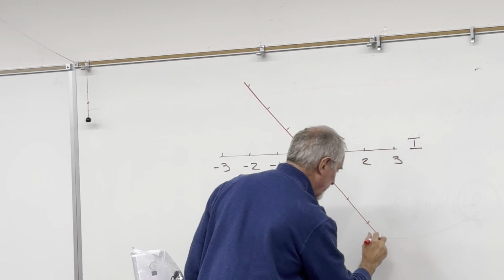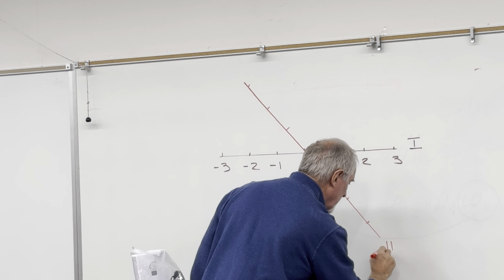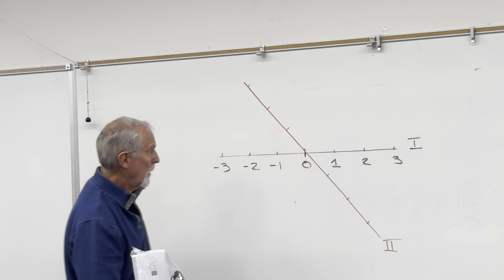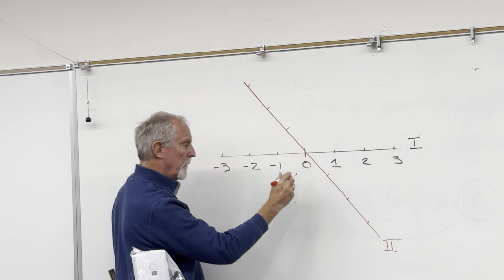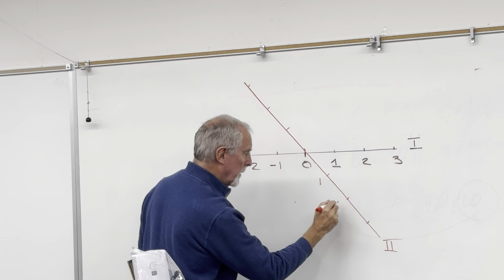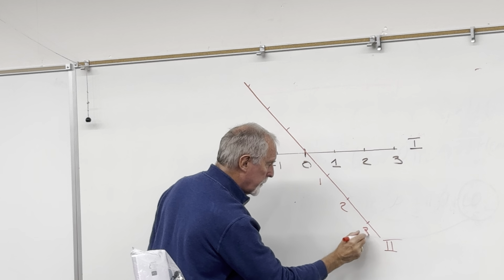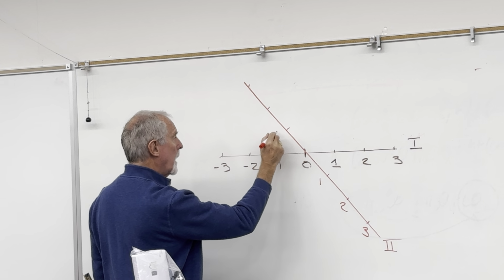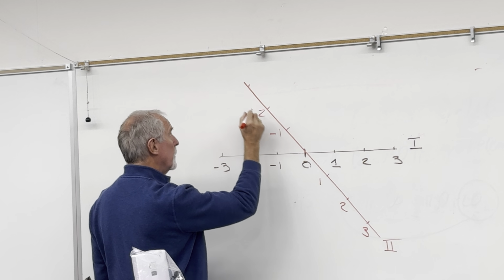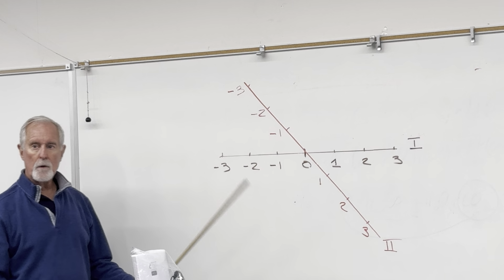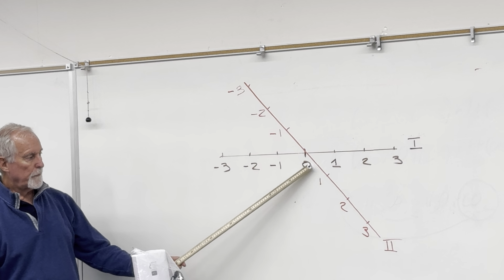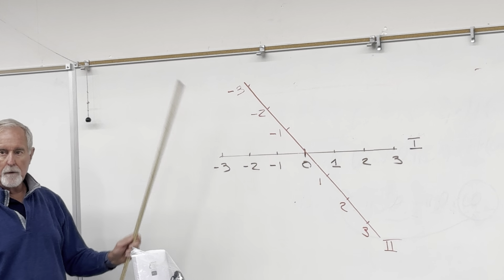Here's lead 2. I've got 0. I've got 1, 2, 3, minus 1, minus 2, minus 3. How do I know that this is positive down here and this is negative up here?